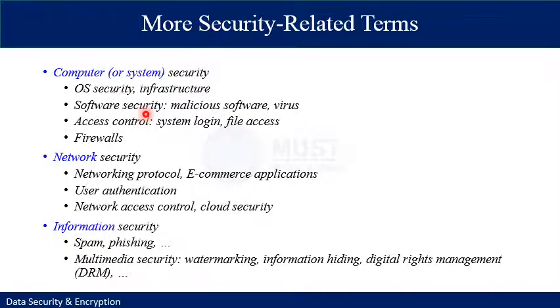It also deals with software security, such as malicious software or avoiding viruses. It also deals with access control, that is how you allow users access to a certain part of the system, and deny access to certain files. This can also be implemented using firewalls.